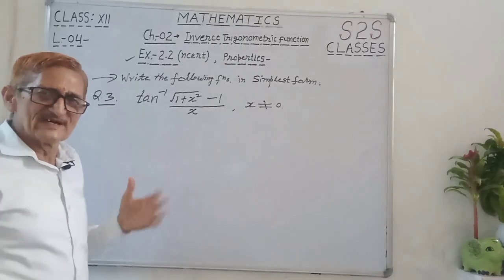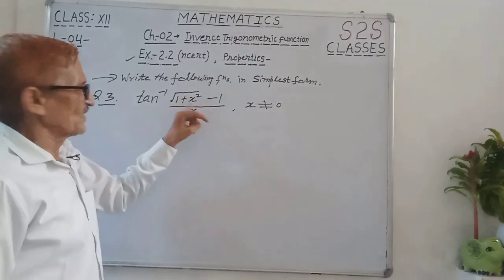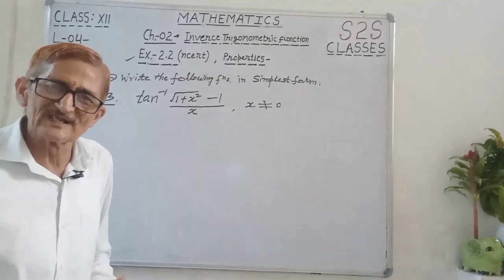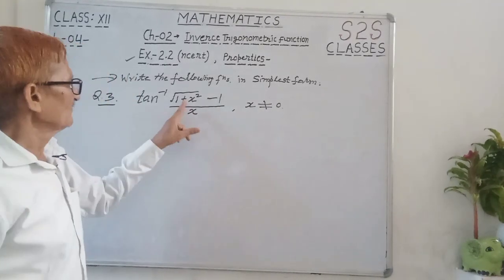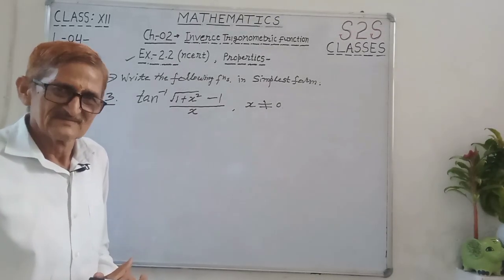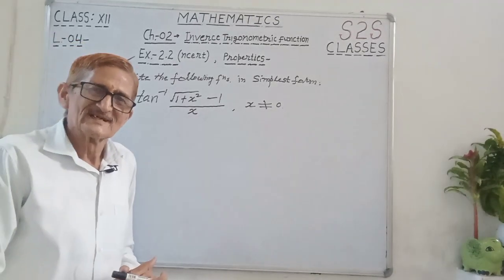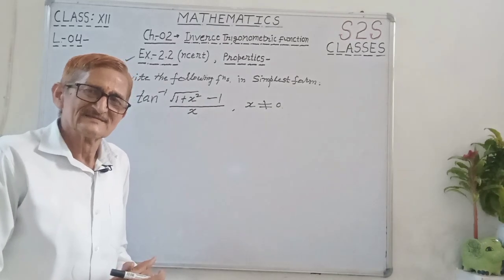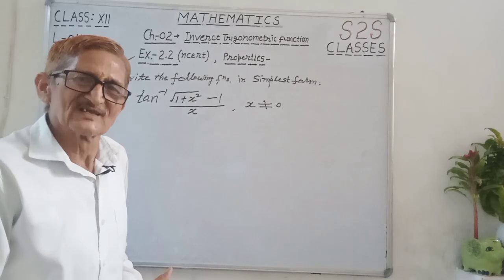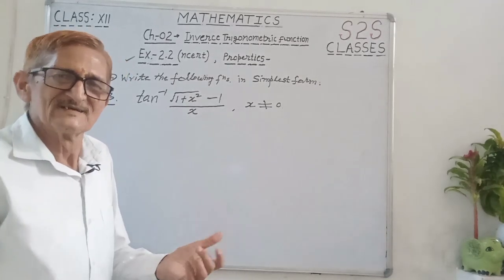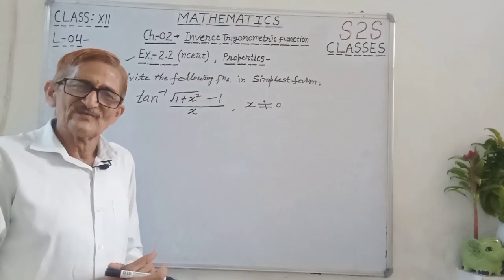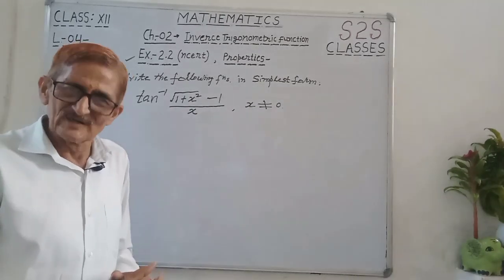outside tan inverse, inside x, what we can take in the square root 1 plus x square. So what is the formula? 1 plus something square in trigonometry: 1 plus tan square, which is sec square, or one more, 1 plus cot square.